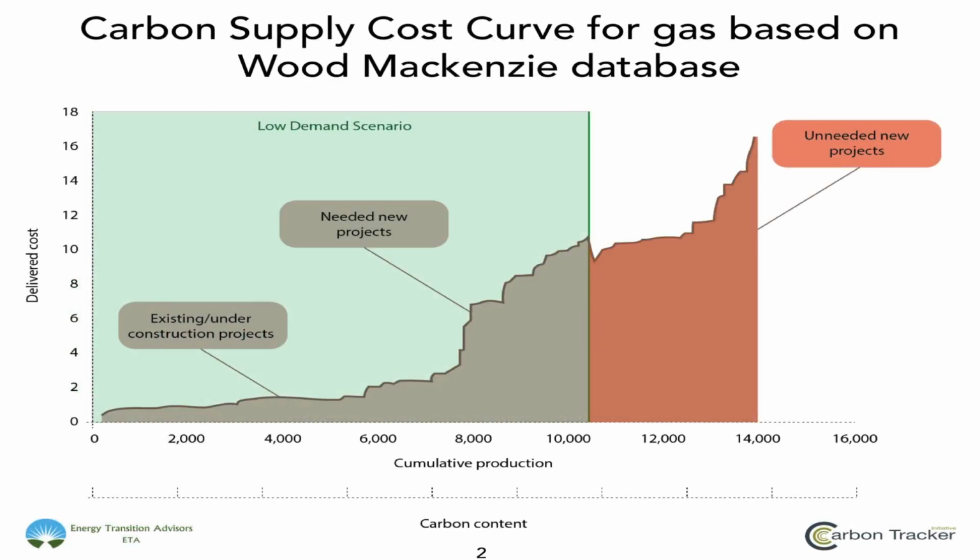If we now move to the second slide, we will see a stylized version of that process. Here we have a Wood Mackenzie unconstrained supply curve for what would be close to the LNG market for gas, where we see in the low demand scenario how much is coming from existing and under construction projects, and how much new projects might be needed to meet even our low demand scenario.